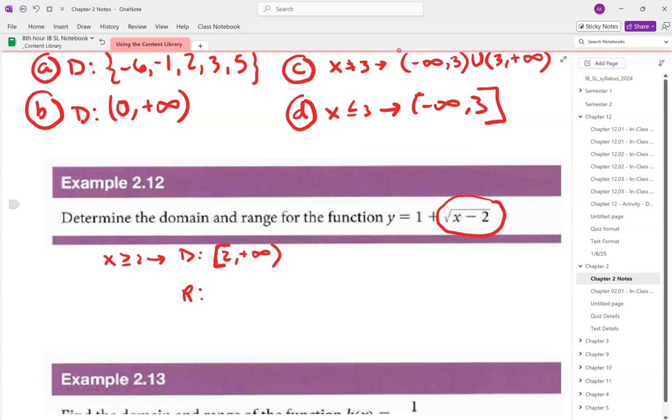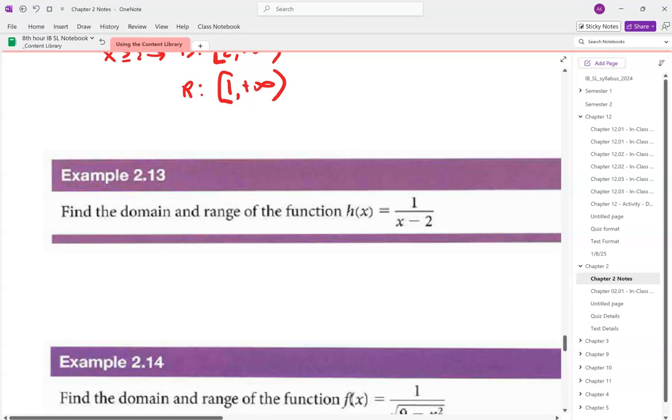It's going to get bigger also, right? So the smallest y coordinate is 0, and the biggest is infinity. Since 0 can actually come out of this, I know that the 0 should get a bracket as opposed to a parenthesis. Everybody feel okay there?